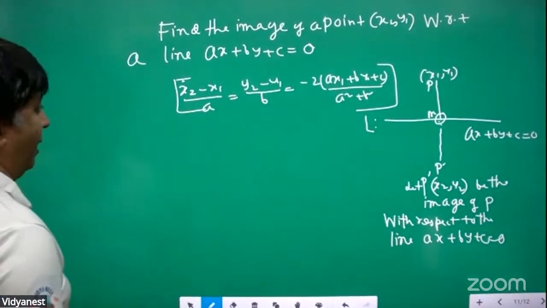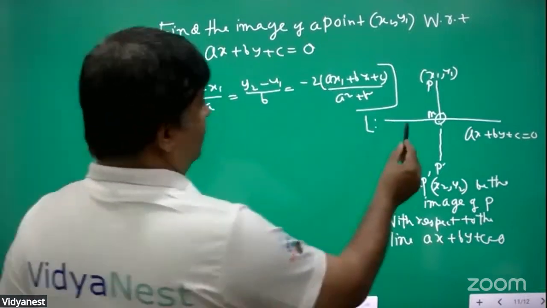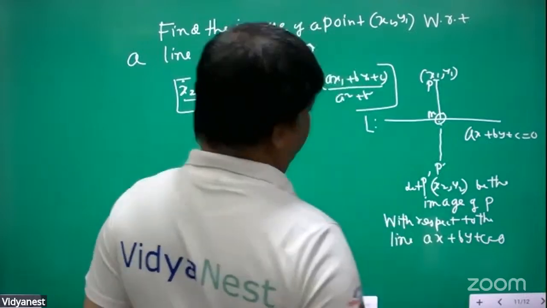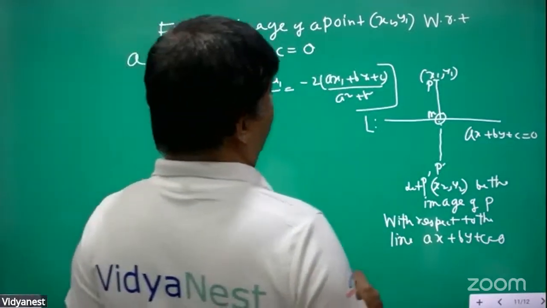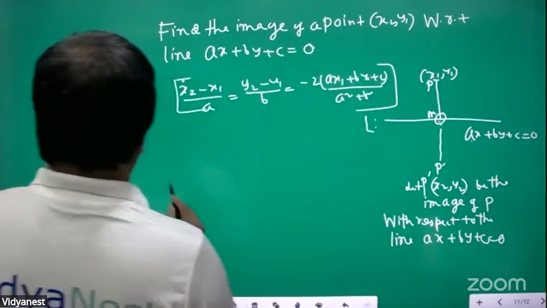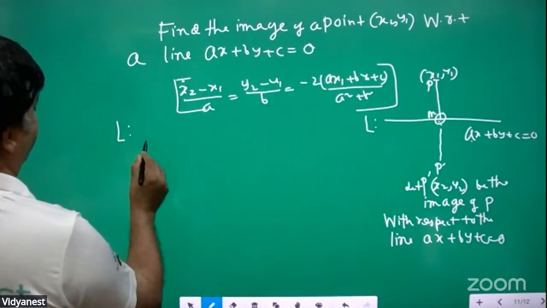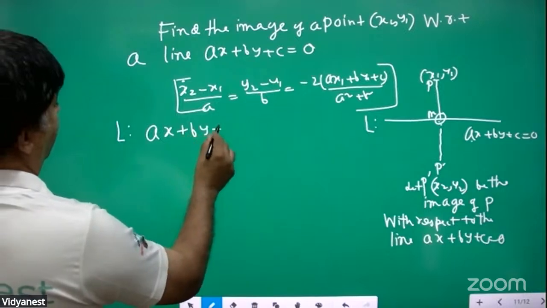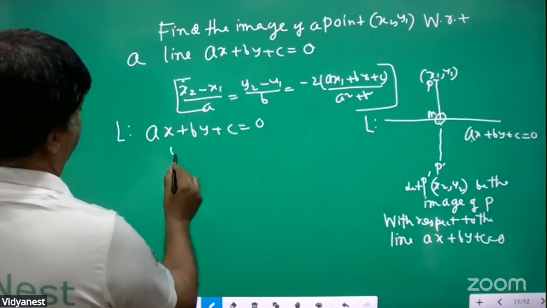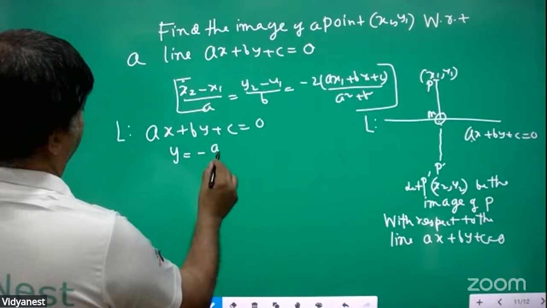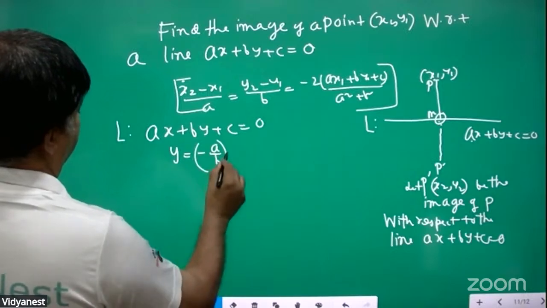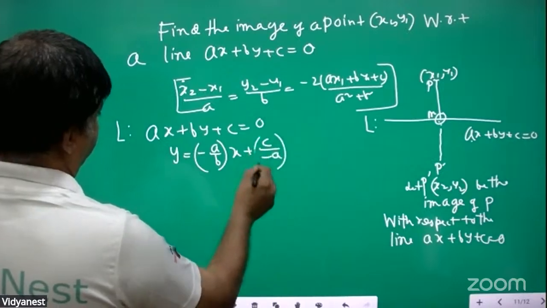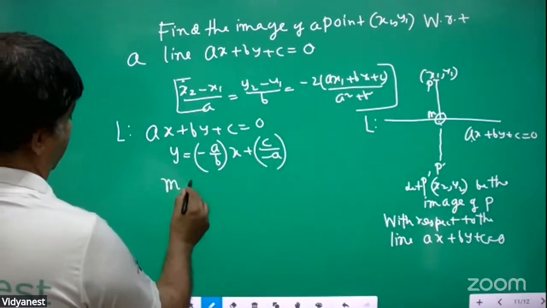Okay, so see, this is P. What is the slope of the line? Line is given, L: ax plus by plus c is equal to 0. So here, this is the slope.